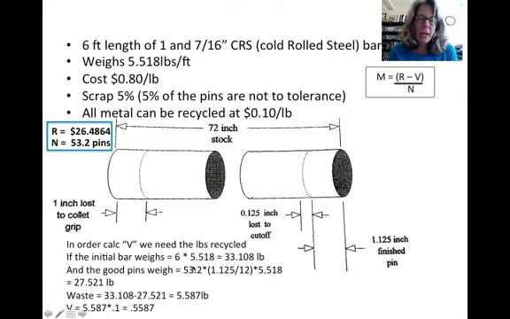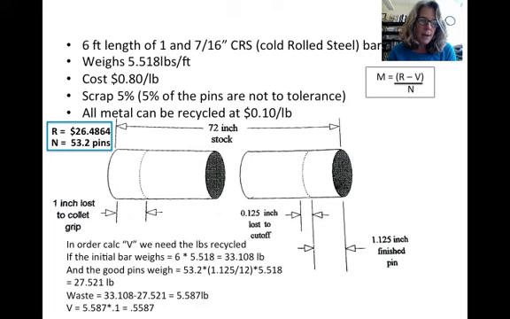So we're looking at all of these pins, and this is how big they are, this is how much they weigh. So that means we have 27.521 of good pins. We take the difference of that, that means that 5.587 pounds are in the recycling bin.